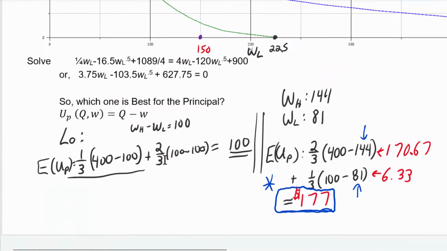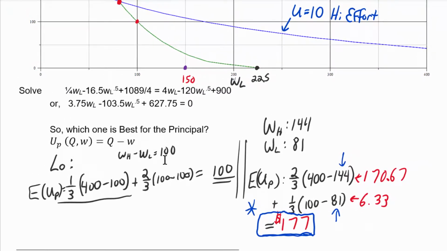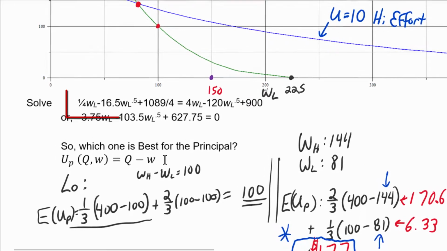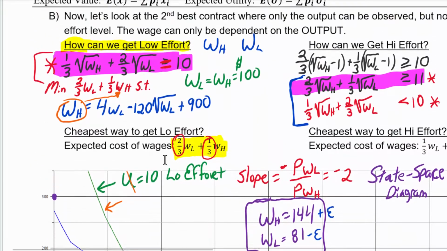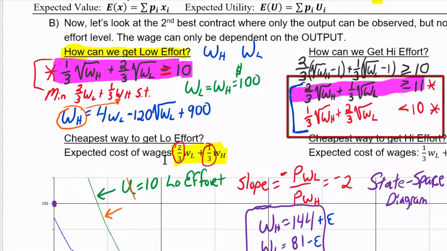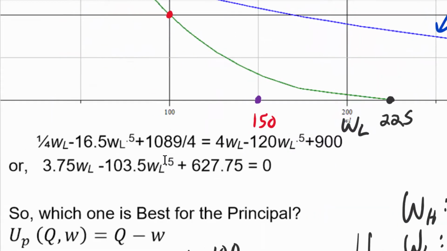Last thing, let me show you this math because it's actually a little bit interesting trick here that you have to use if you solve this by hand. So if we just set up these two equations that we had before, and then we set them equal to try to solve them, then we can move everything to one side of the equation, and then we end up with this expression right here.